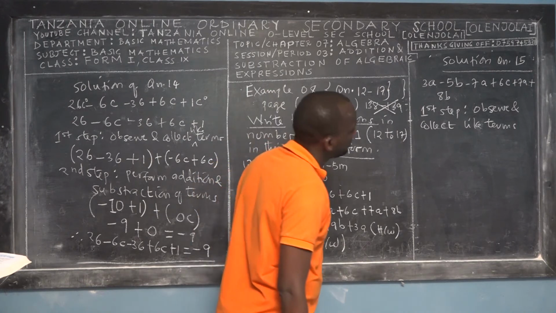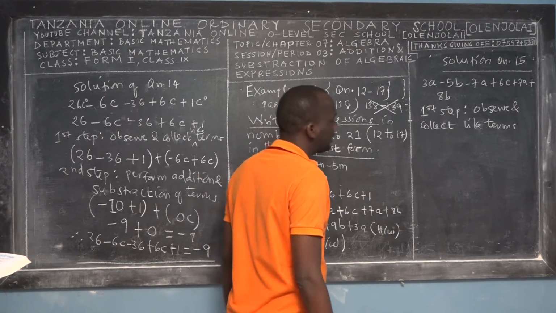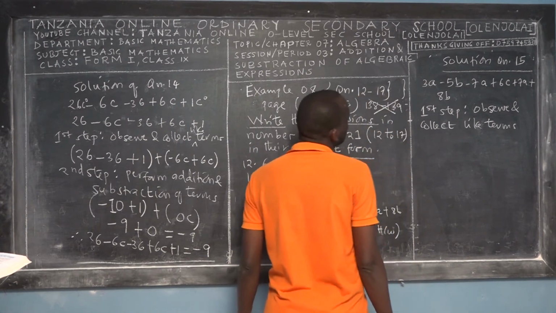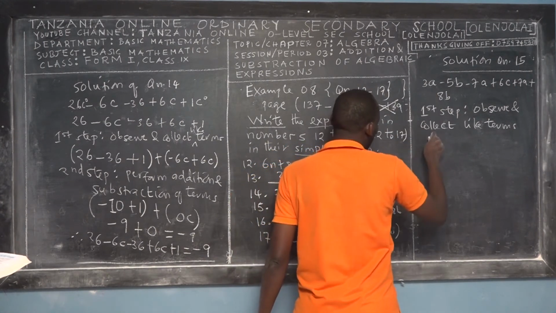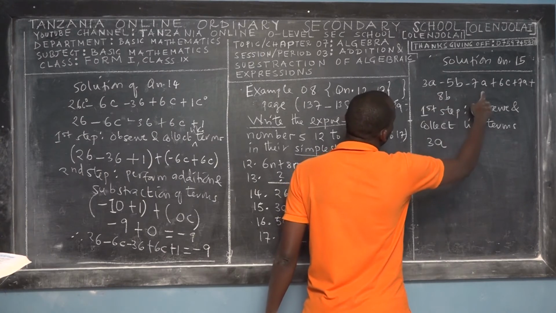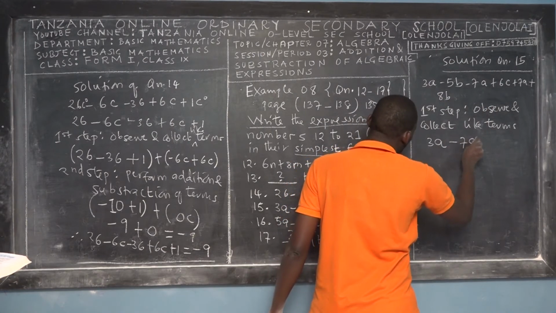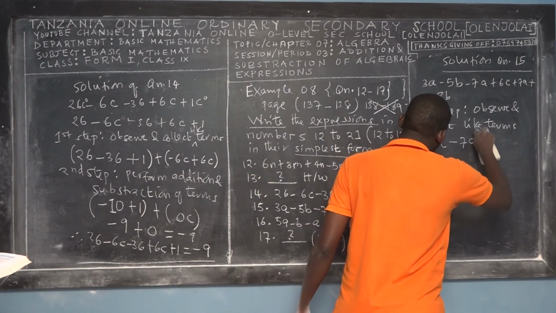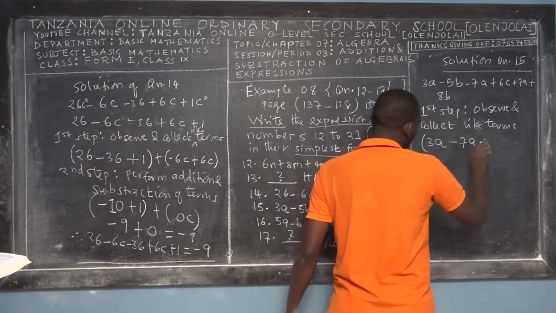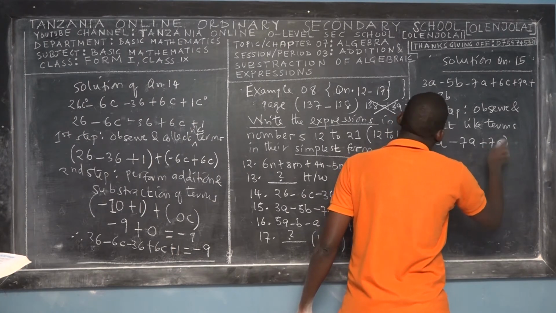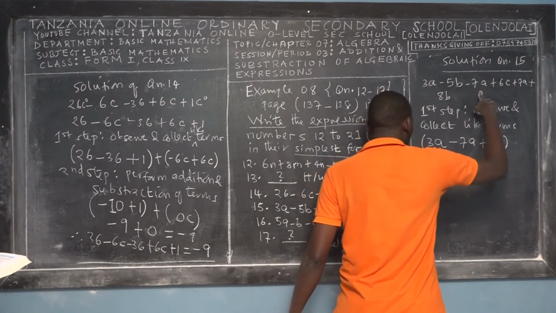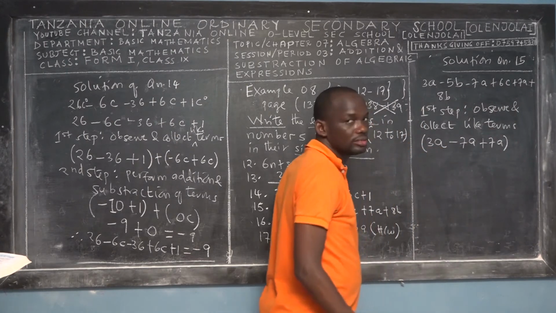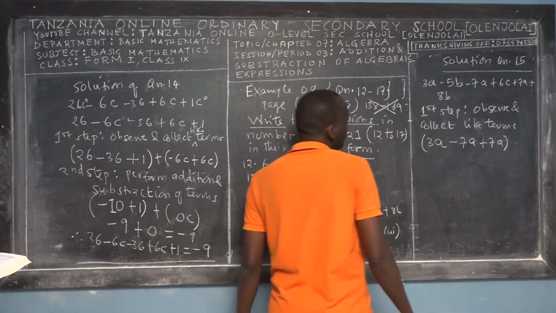So you have 3 unlike terms after simplifying. So 3a, first term, is alike to the third term and to the fifth term, which is 7a. Kwa maana term hii inafanana na hii, inafanana na hii kwa sababu zote zina a kama herufi yake.